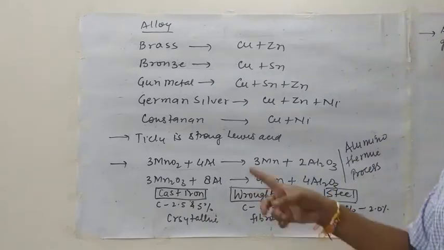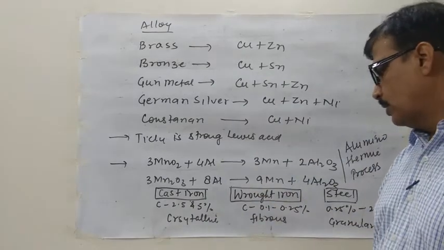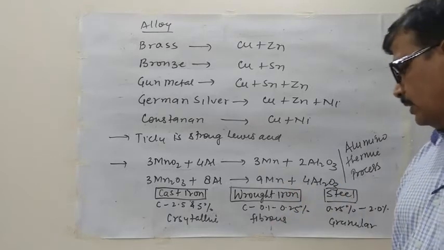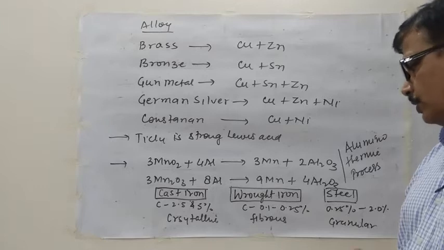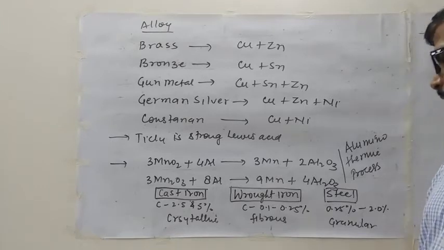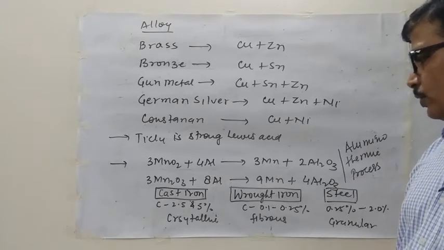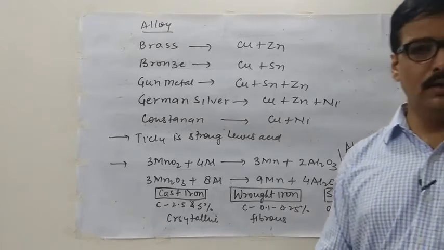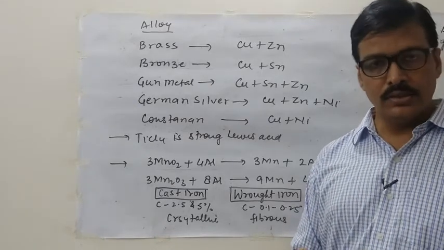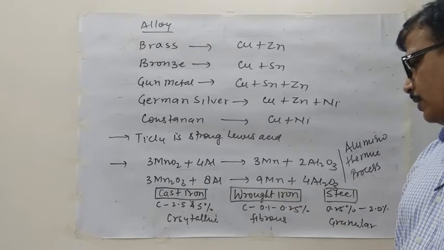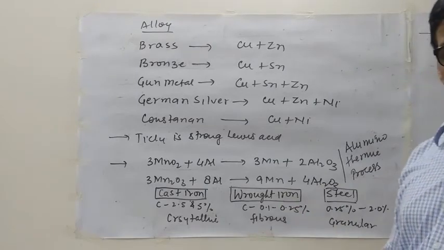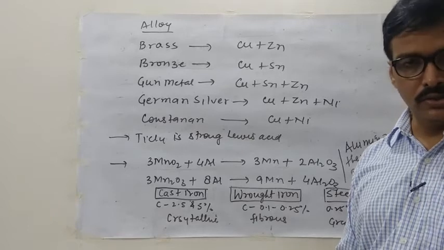Now you see that manganese dioxide is reduced to manganese by aluminium, and manganese trioxide is also reduced to manganese by aluminium, forming aluminium oxide. Clear? So this is used in the aluminothermic process or thermite process. Now after that you must remember some very important points, especially for board examination students as well as NEET students.